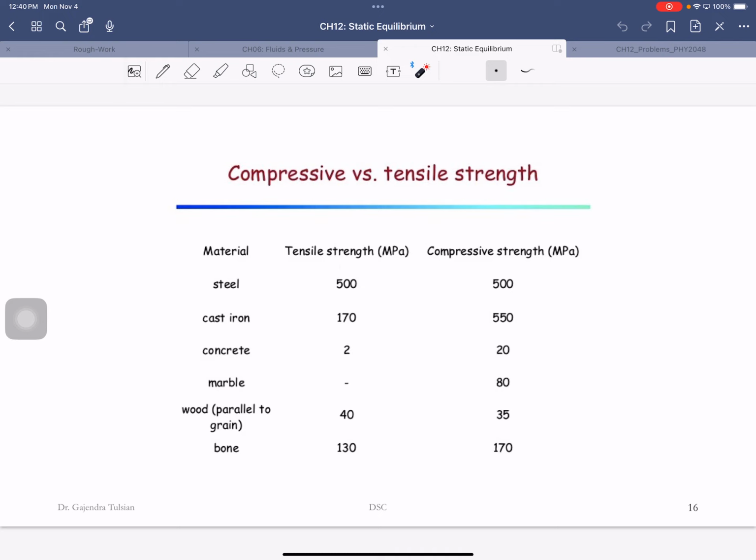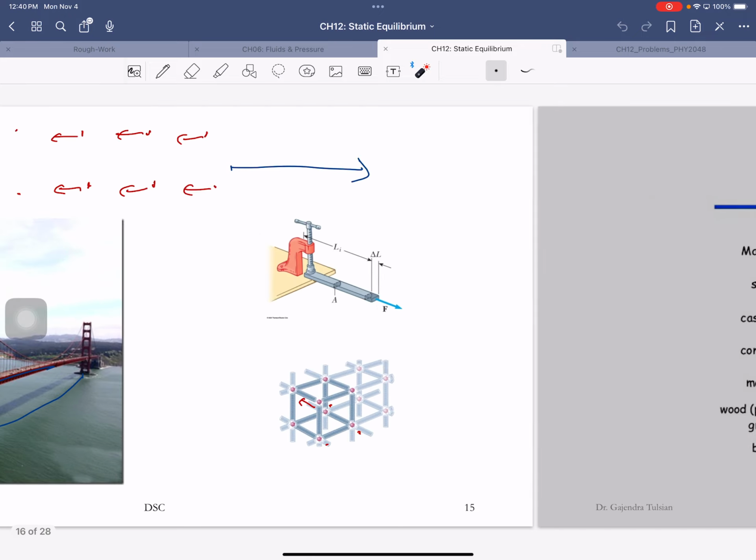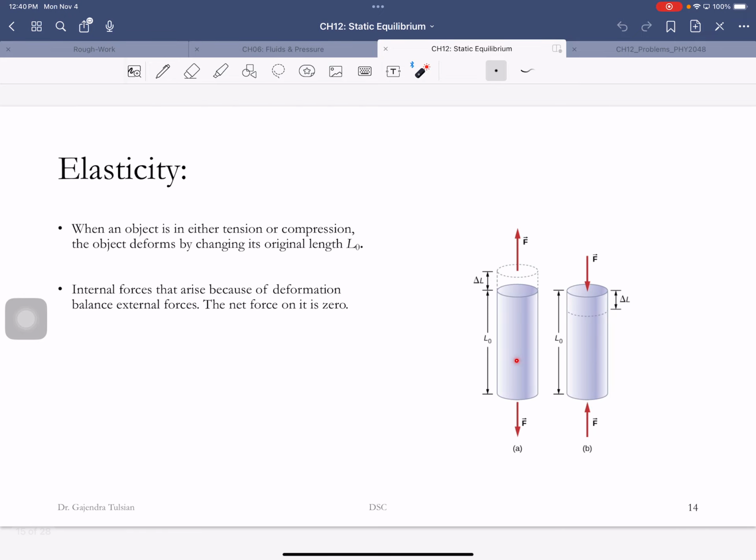This is compressive stress strength. So look at this number for concrete. It's 2 megapascals, and we'll understand the numbers in a little bit, for tensile stress. But the compressive strength is 20 megapascals. What that number is saying is this is 10 times bigger than that. What that number is saying is a concrete pillar is 10 times stronger under compressive stresses than tensile stresses.